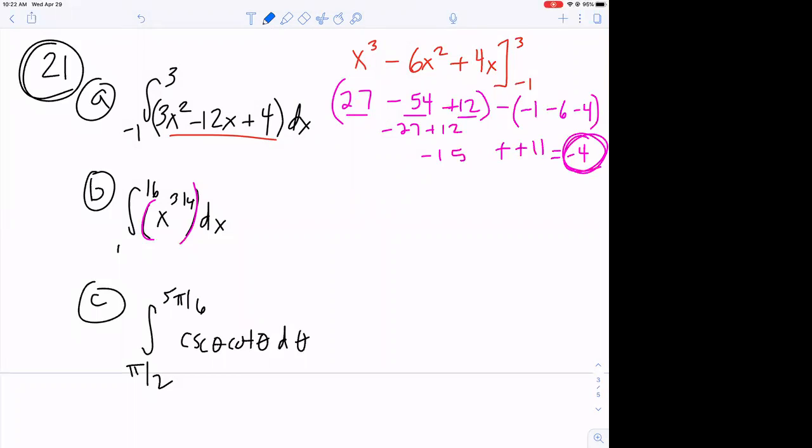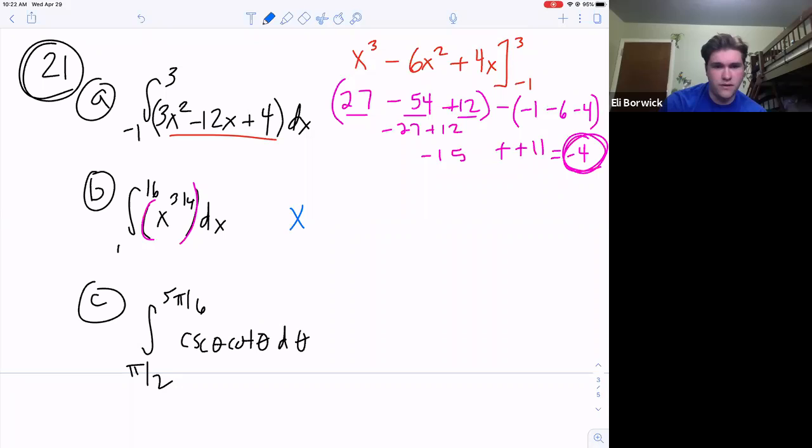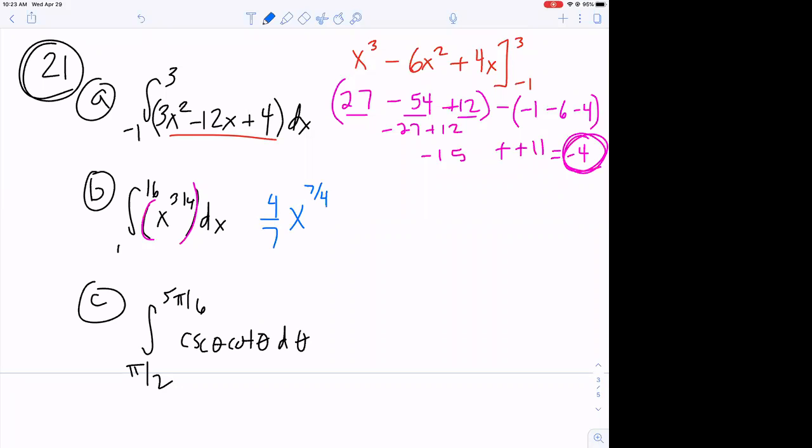All right, the next one, what's backwards from x to the 3/4? So 4/7 x. Nice. 7/4. Perfect. Yeah. 7/4 is up there, and then have to attach the reciprocal.